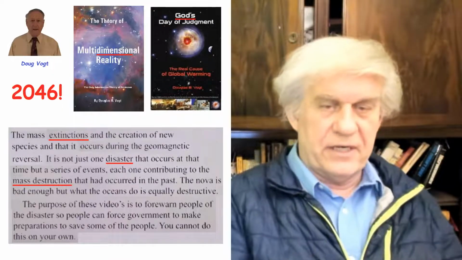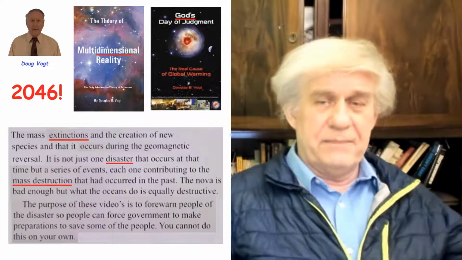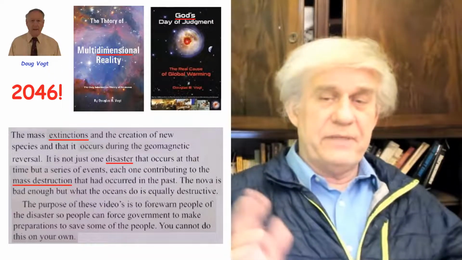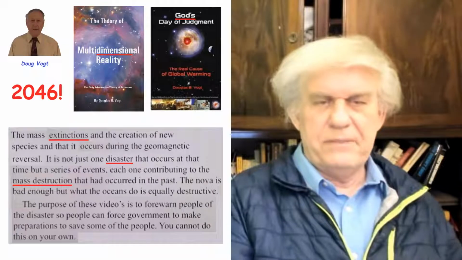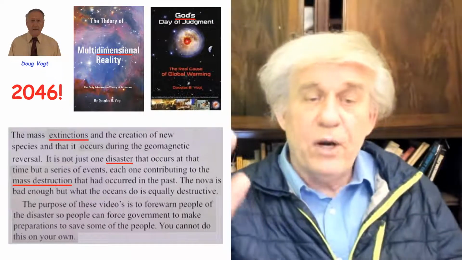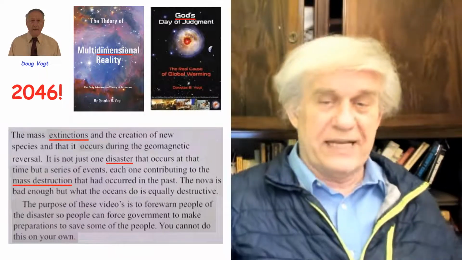That's essentially his argument. Okay, he's just got a different one. It's not asteroid. It's not going to be volcanoes or anything like that. It's going to be a nova or a mini nova. Okay, micronova. The nova is bad enough, but what the oceans do is equally destructive. Okay, so we're going to have floods, I guess, right?